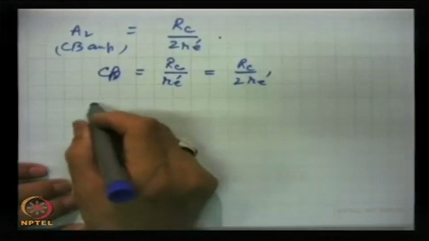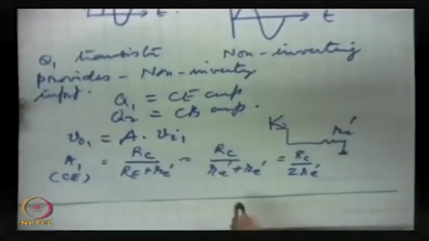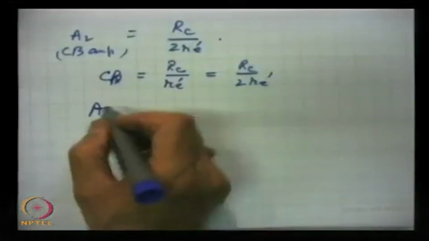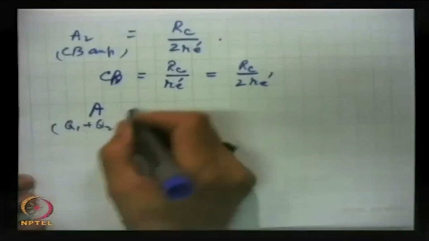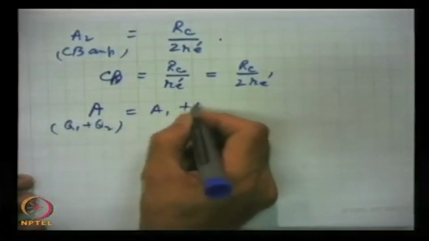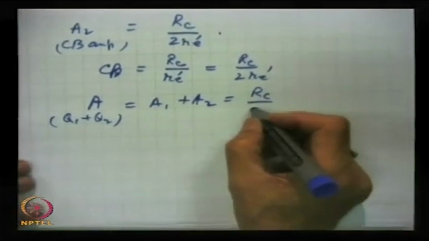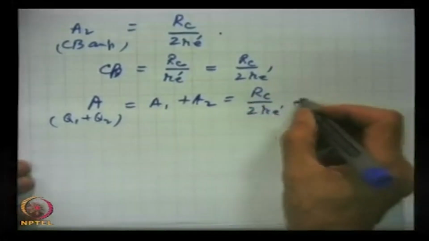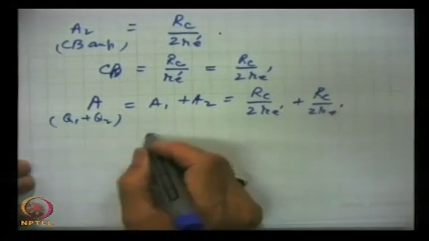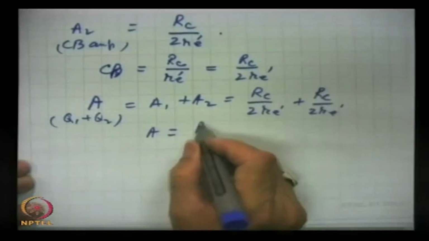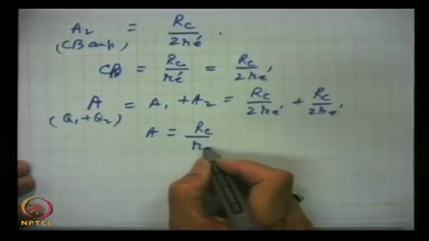Therefore, A, the voltage gain due to Q1 plus Q2, is simply A1 plus A2, which is RC by 2 Re prime plus RC by 2 Re prime, and A is equal to RC by Re prime.